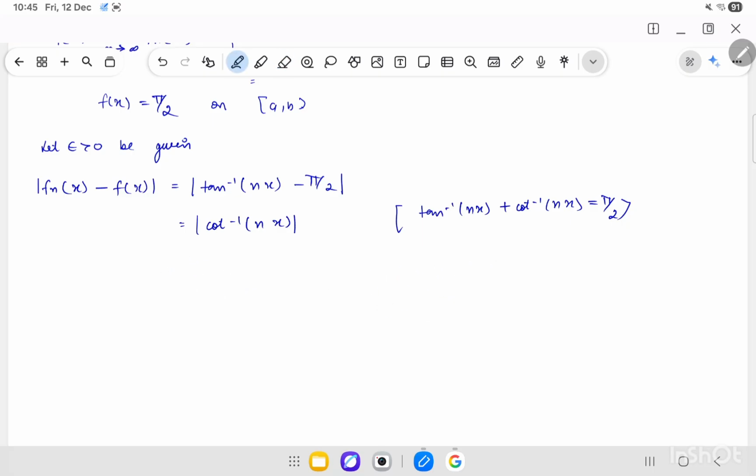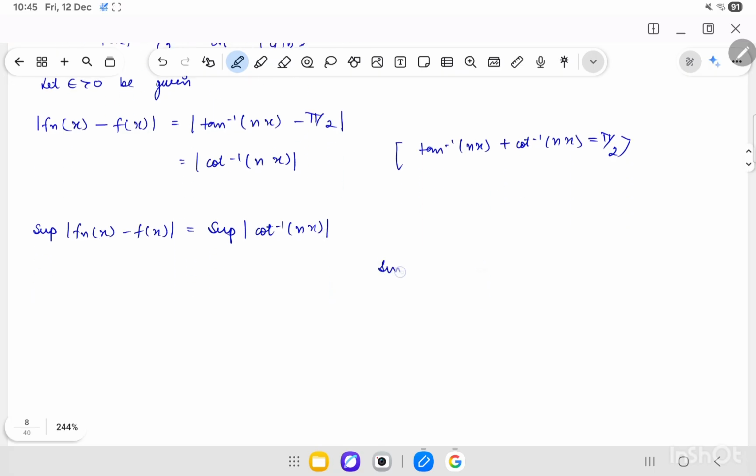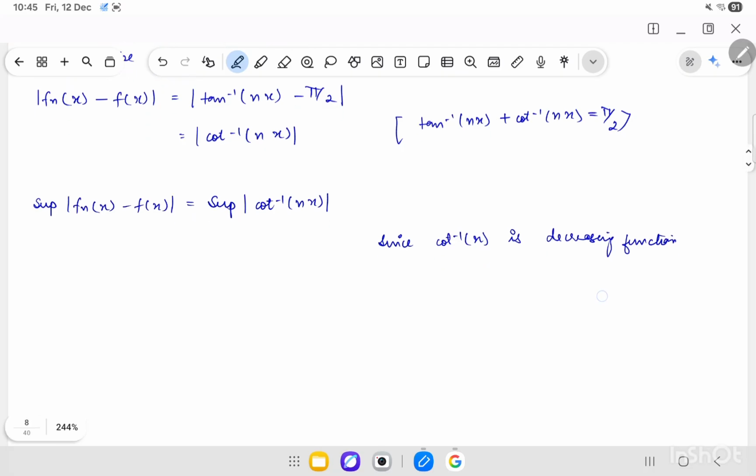or let's use the Mn definition. So supremum of the absolute value of fn(x) minus f(x) will be equal to supremum of the absolute value of cot inverse nx. And since cot inverse x is a decreasing function, that you can either evaluate directly or you can observe it from its graph.